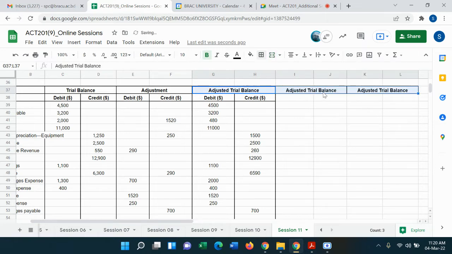In the summarized financial statement, we'll prepare only the income statement and the balance sheet.